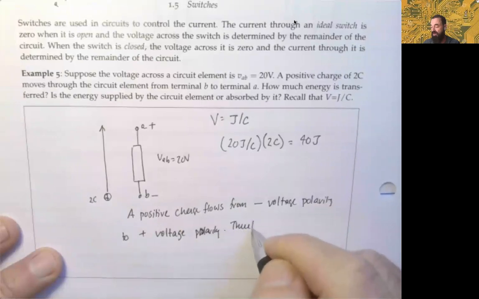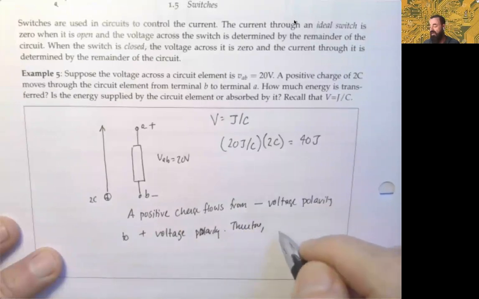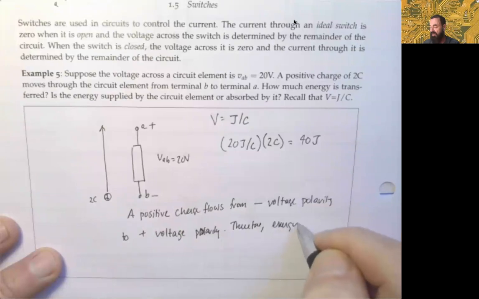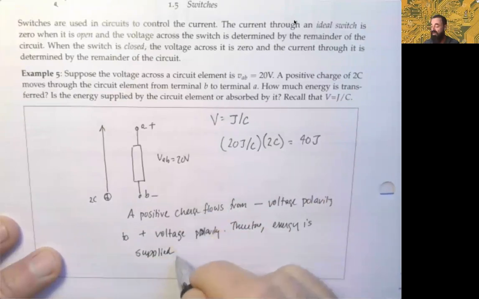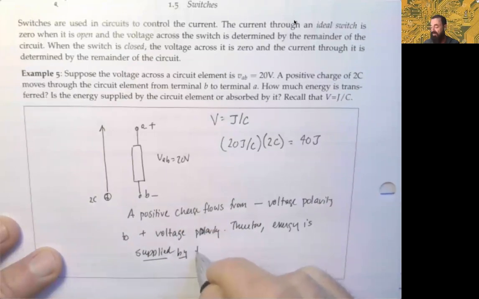So therefore, we know energy is supplied in this case. It'll be delivered to other parts of the circuit to which the circuit element is connected, right? It is supplied by the circuit element.